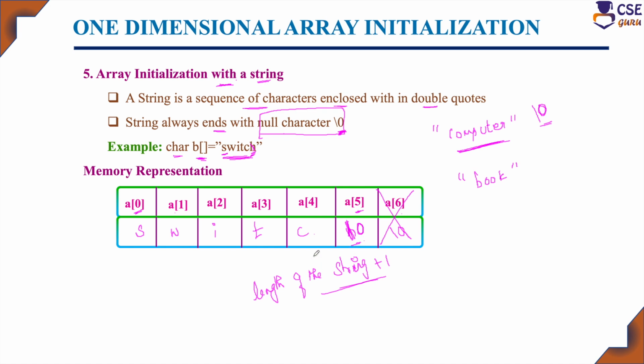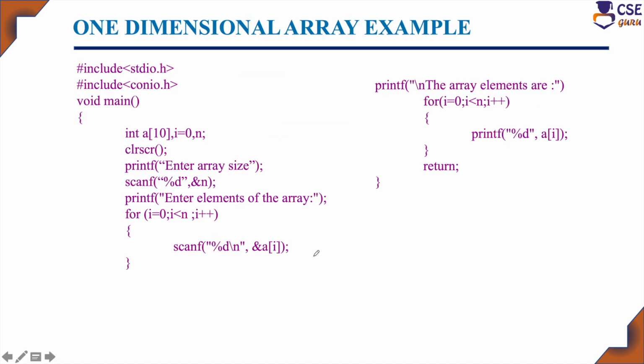So this is all about the different methods to initialize a one-dimensional array. Now, considering an example, here we have declared the array size as 10. i is equal to 0, this is a looping variable, and n is the array size. Here, enter the size of the array. We have allocated totally 10 memory locations, and n we have to give accordingly; it should not exceed 10.